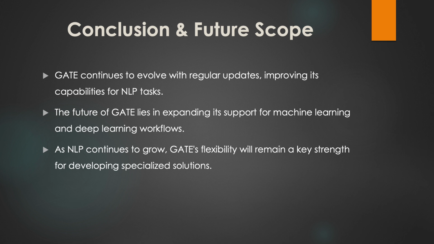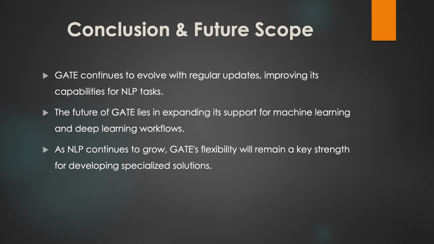This will significantly enhance the capability of GATE, allowing for more advanced tasks such as sentiment analysis and automated text summarization. Additionally, GATE is expanding its support for modern NLP tasks, including conversational AI, dialogue systems, and even multimodal NLP, where text is analyzed alongside other forms of data like images and speech. As the demand for intelligent and interactive systems grows, GATE will continue to evolve to meet these challenges.